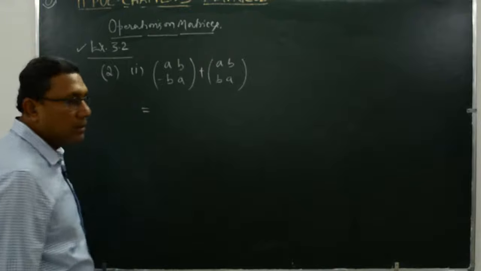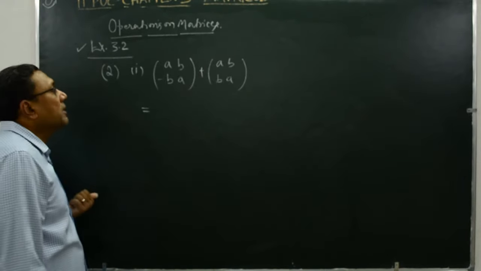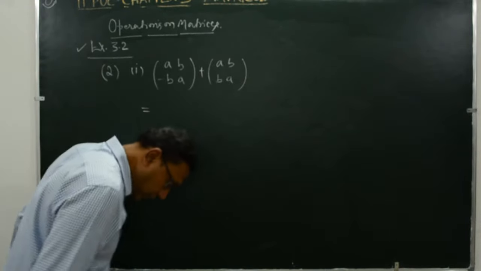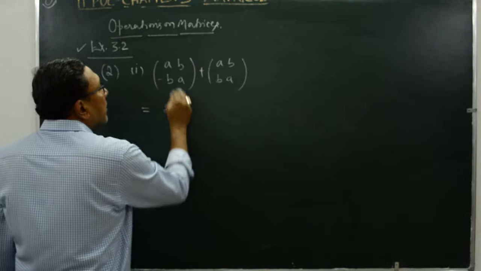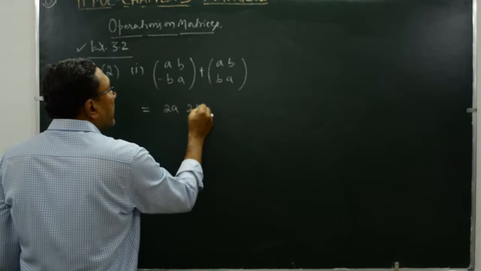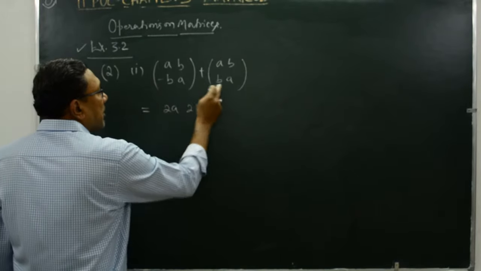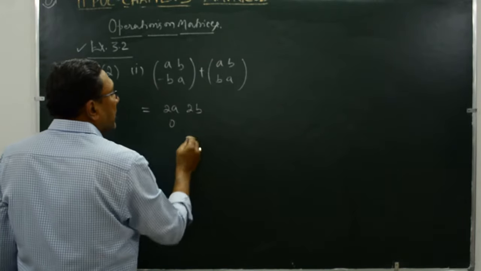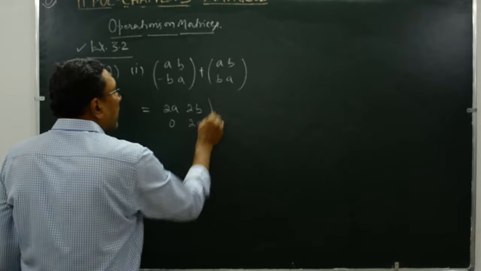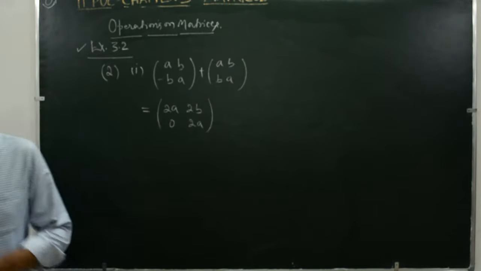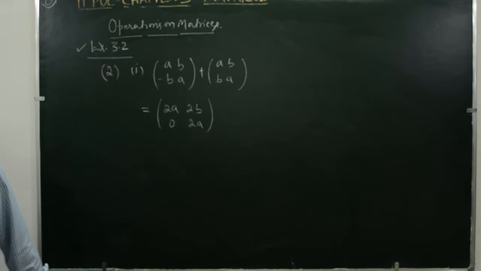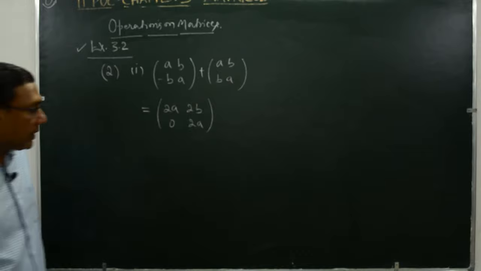The resultant matrix of these two matrices will be A plus A is 2A, B plus B is 2B, minus B plus B is 0, and A plus A is 2A. This is the resultant matrix of two matrices. Let us see the second question, what it says.